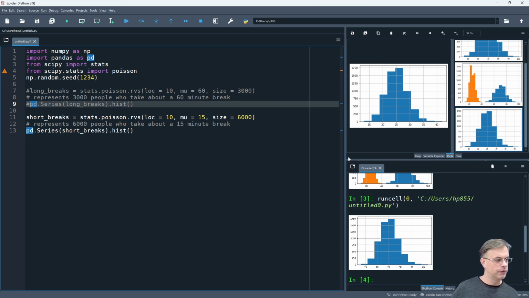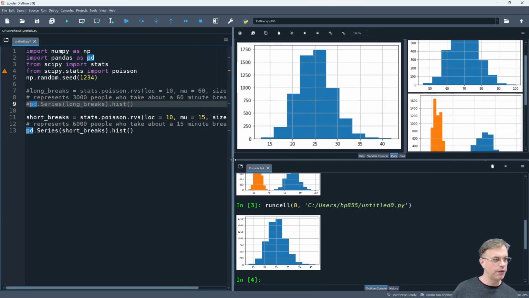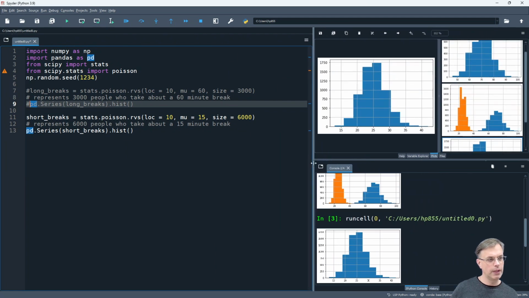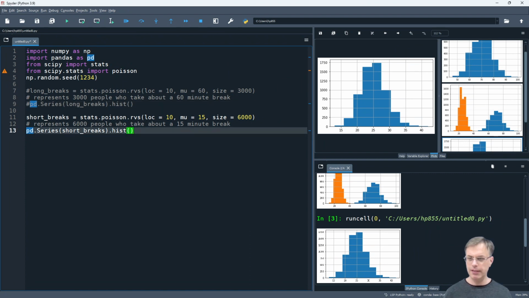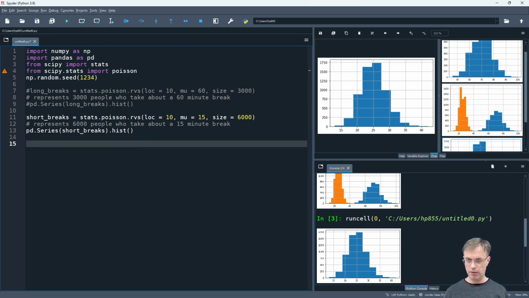I'm not sure if I can. Yeah, I can make it larger. So it's about 1700 maybe. And we can continue now. Breaks, and np.concatenate.